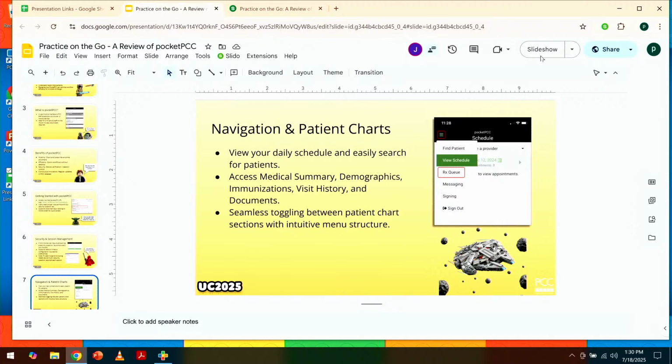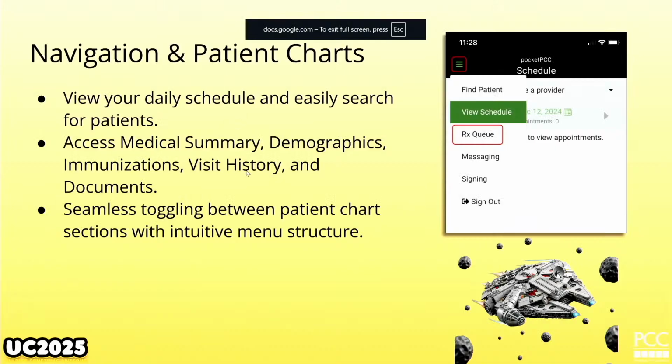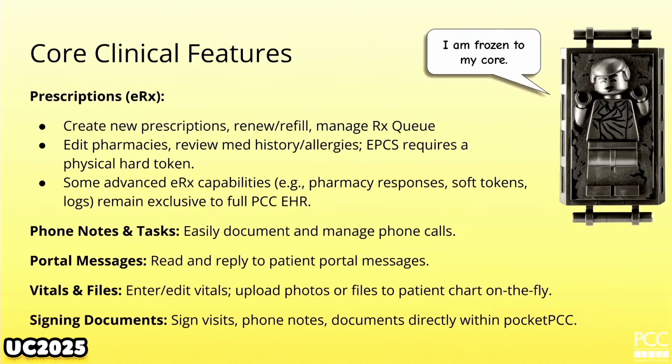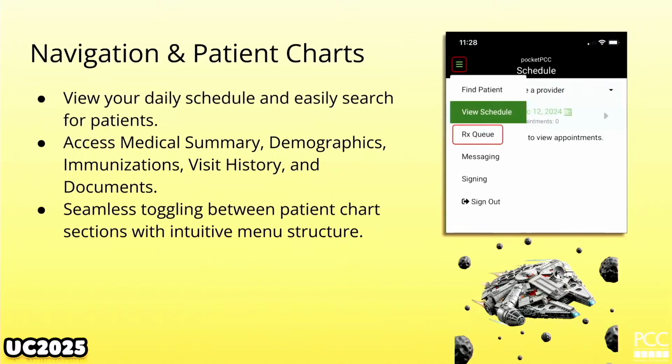Okay. And that's going to allow you to seamlessly toggle between one patient chart and another using that left-hand navigation. Okay, it's the right-hand navigation that then takes us into the individual patient elements like medical summary, demographics, immunizations, visits, and even ERX now.